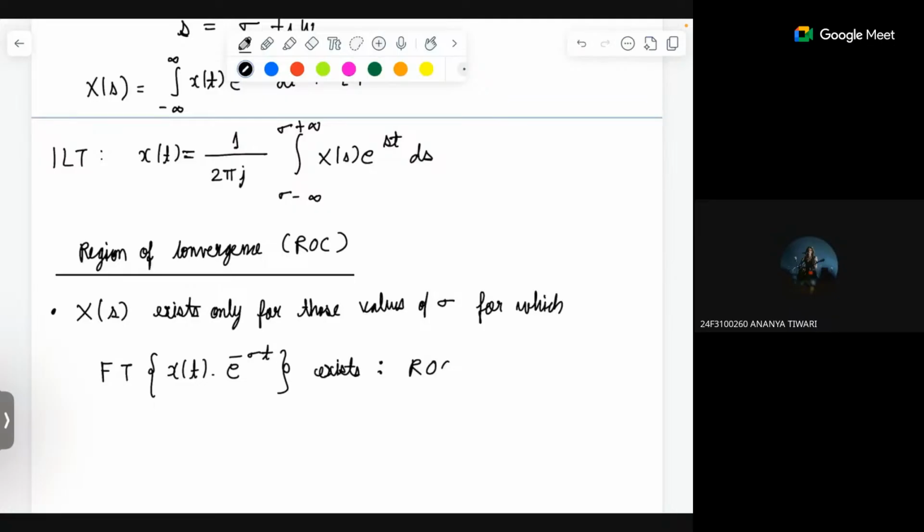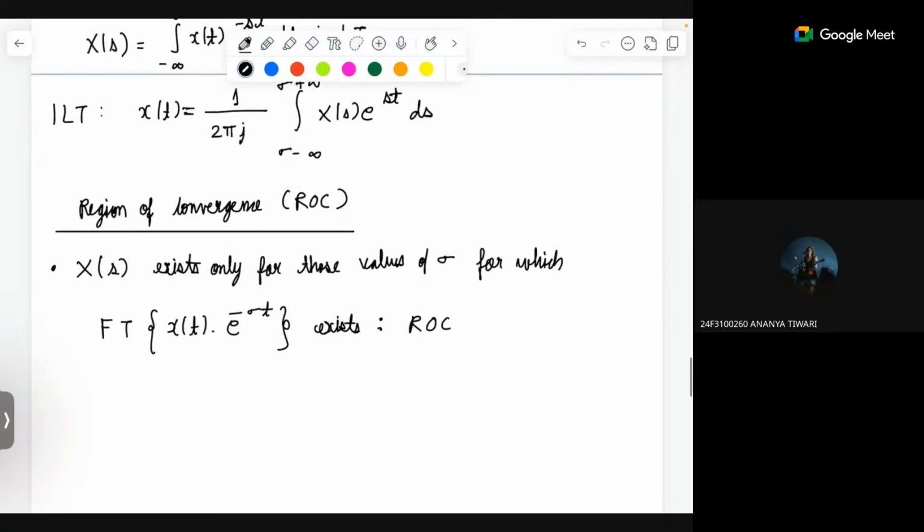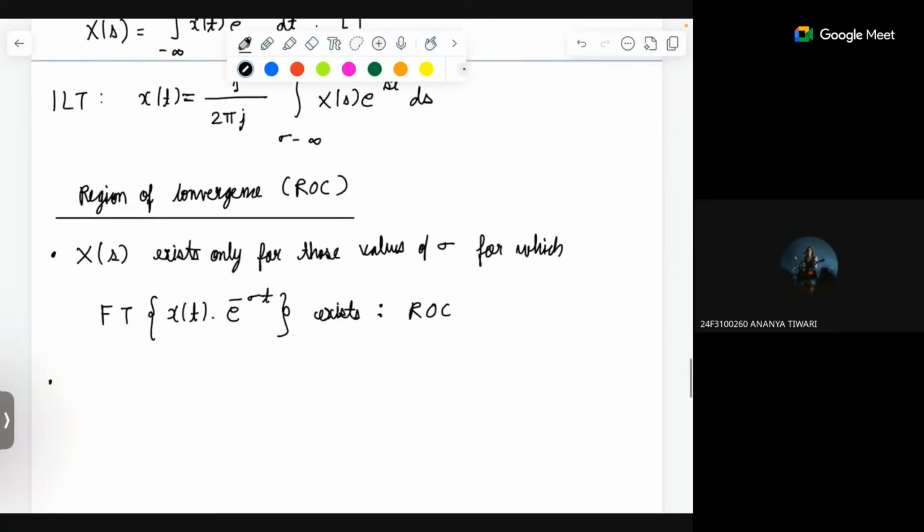And that is defined by ROC. And the next thing to note is, if ROC includes sigma equal to 0, then the Fourier transform of that signal will also exist.